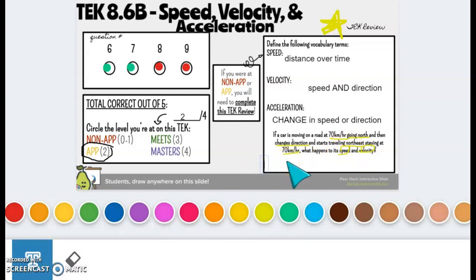And we see that there's no change in speed. So speed stays the same. But then our velocity also includes direction. So if it starts north, then goes northeast, speed stays the same and velocity changes. Because again, remember, a change in direction is a change in velocity.